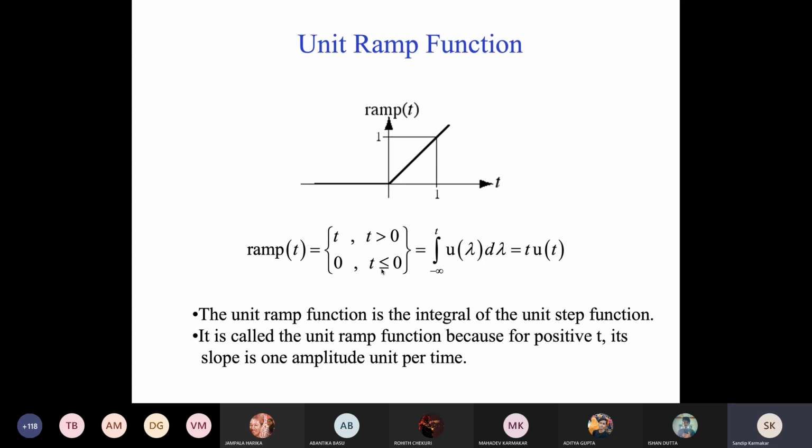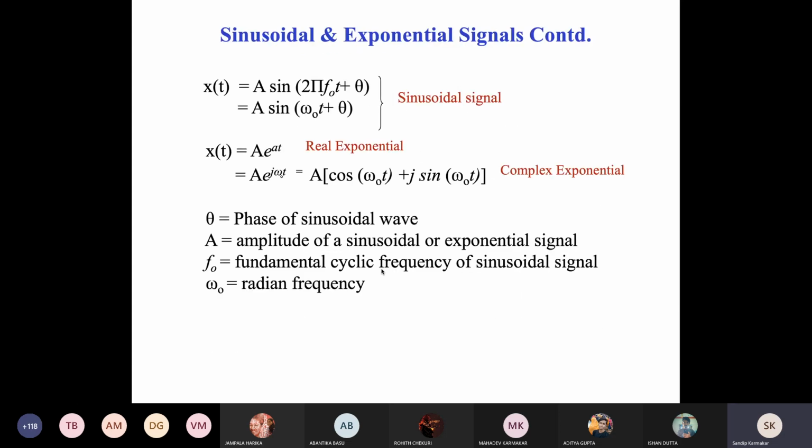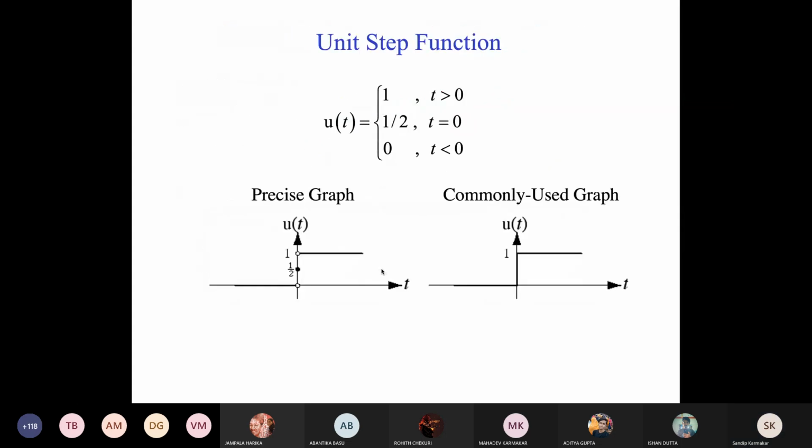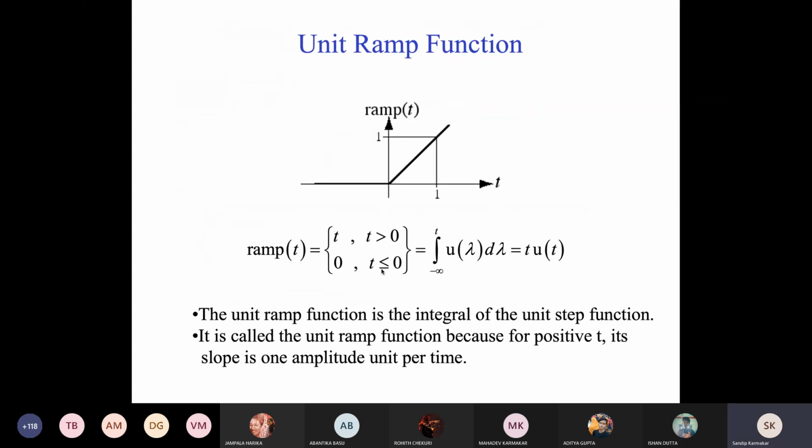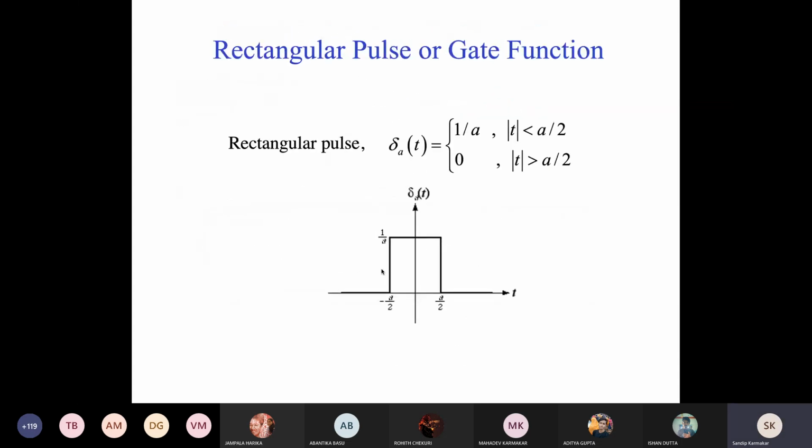So we have seen the sinusoidal function, the exponential function, the unit step function, the signum function, and the unit ramp function. Now a rectangular pulse or gate function. The rectangular pulse function is given by delta A t equal to 1 by A if mod t is less than A by 2.